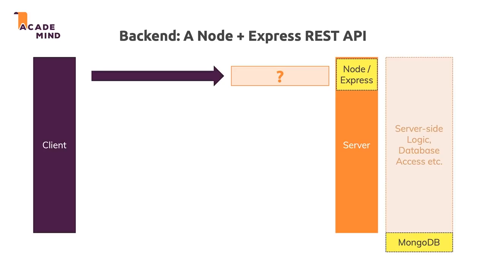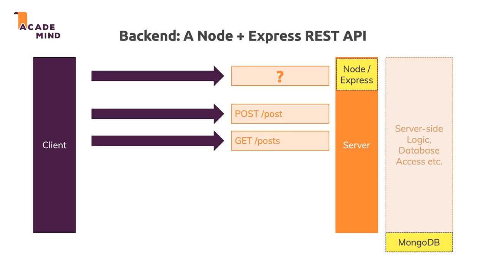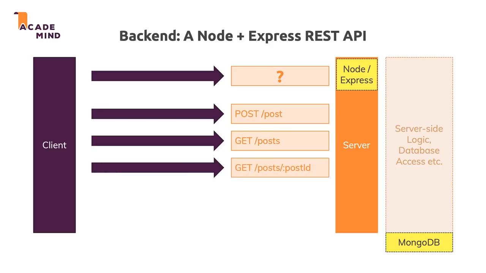And that, combined with a specific HTTP verb, triggers a specific action, at least if we support that path-verb combination on the server. For example, we could be sending a post request with the POST HTTP verb to the /posts URL, or a GET request to /posts, or a GET request to /posts/ and then some dynamic path segment, which Node Express also supports, so that we, for example, could have different IDs of posts as parts of our incoming requests.